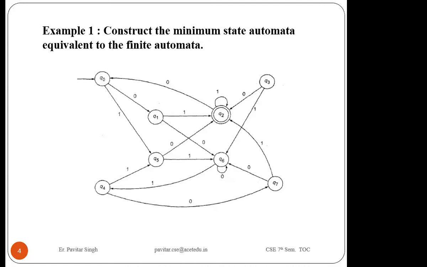Then how you can find the unreachable state from your table? Let me show you. So from the table, you have to check that all the states which have been listed in column number 1 have also been listed in column number 2 and 3, right?